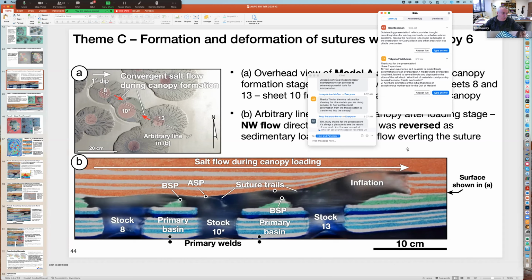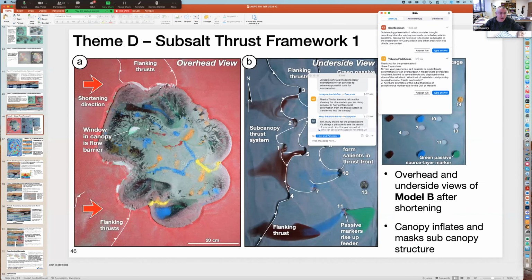Well, if you look from overhead, you cannot see an awful lot. What you get is a lot of inflation here as salt is expelled upwards and as the whole thing begins to shorten.